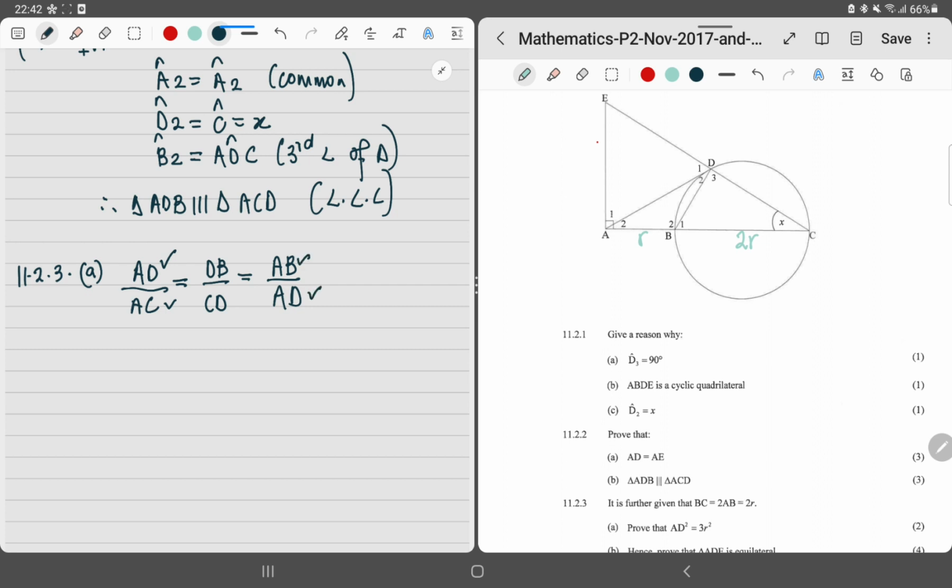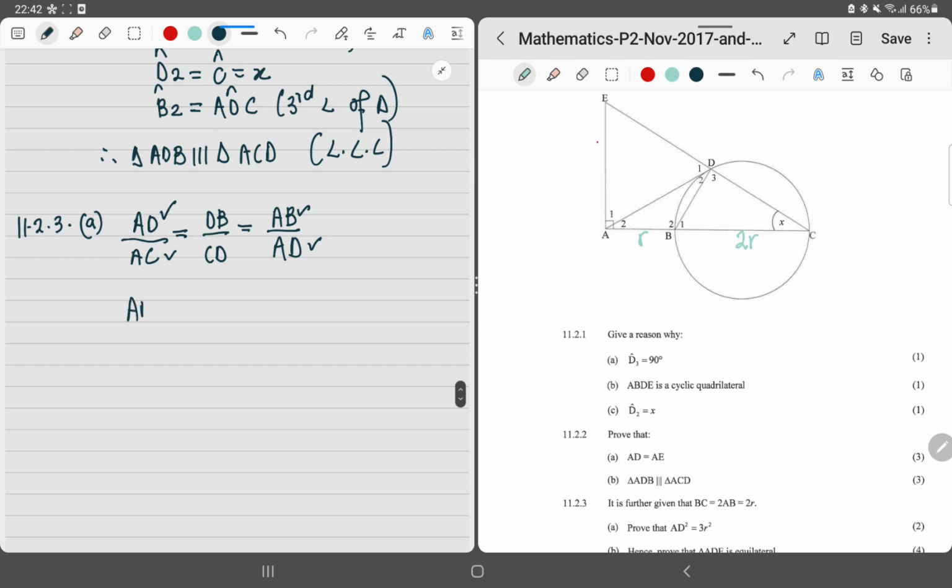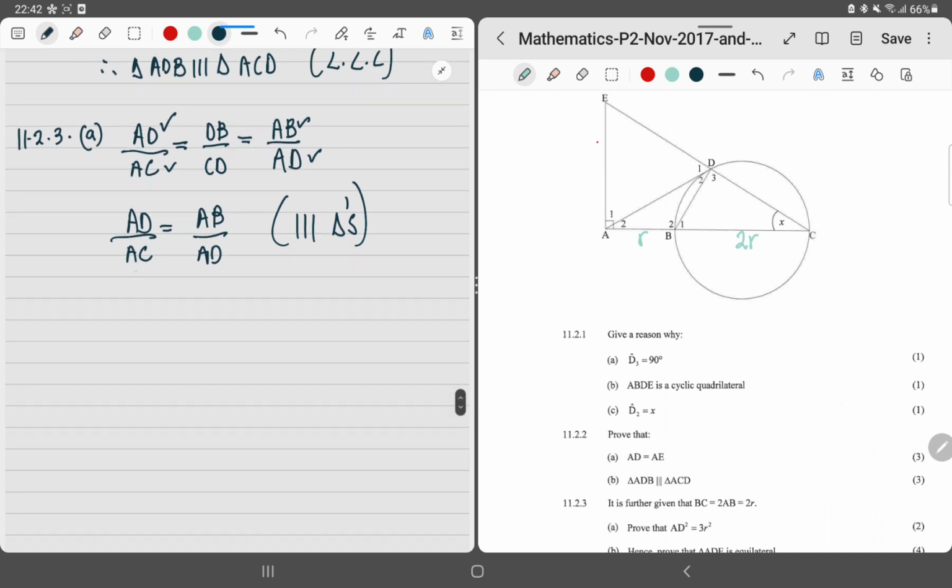So AD over AC is equal to AB over AD, by similar triangles. So AD squared should be equal to AB multiplied by AC. AB is R, and AC is R plus 2R, so 3R. So this is 3R squared.